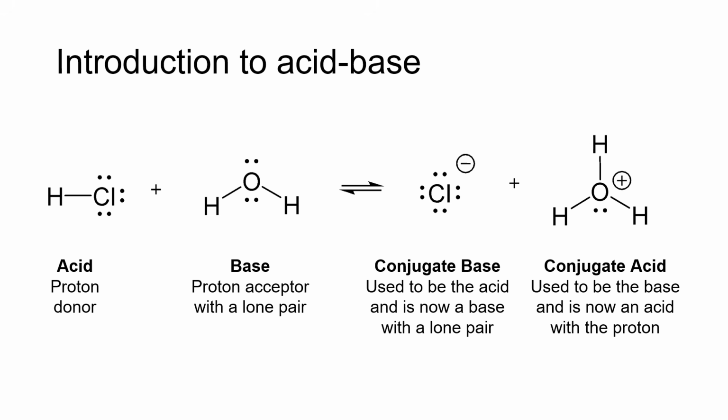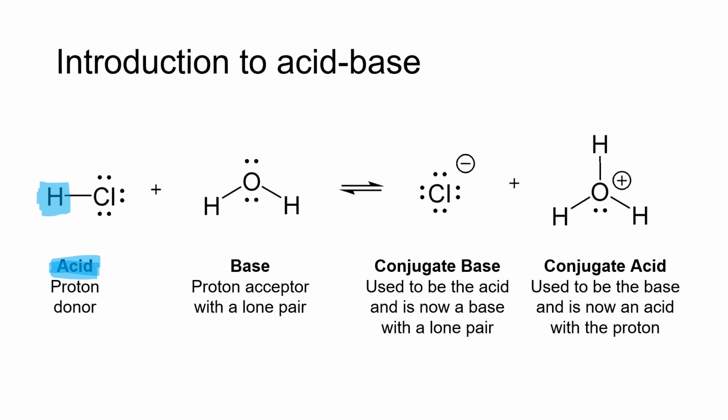So on the reactant side, our very first reactant, we had the HCl, and we noticed on the previous slide that that was a proton or a hydrogen donor. That hydrogen was donated from that species over here on the other side. Okay, we call the species that donates a proton an acid.